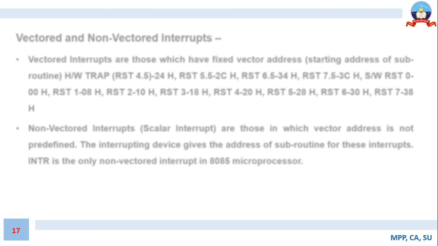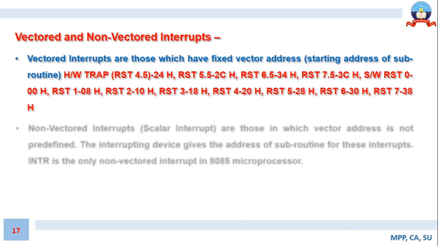Then we moved on to the next way of classifying interrupts, that is vectored and non-vectored interrupts, where we learned that vectored interrupts are interrupts with which the vector address is associated, whereas non-vectored interrupts are interrupts for which the processor does not know the vector address, so the vector address has to be supplemented when the interrupt takes place.